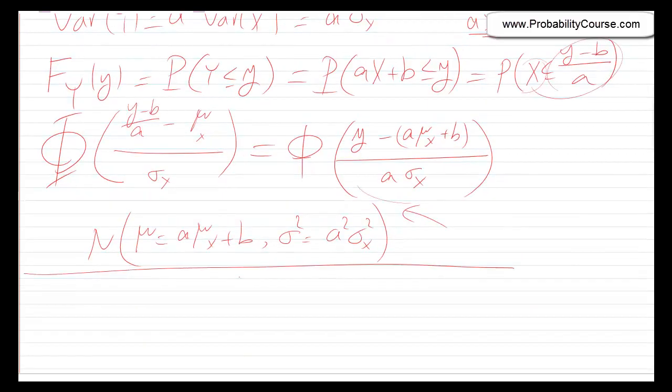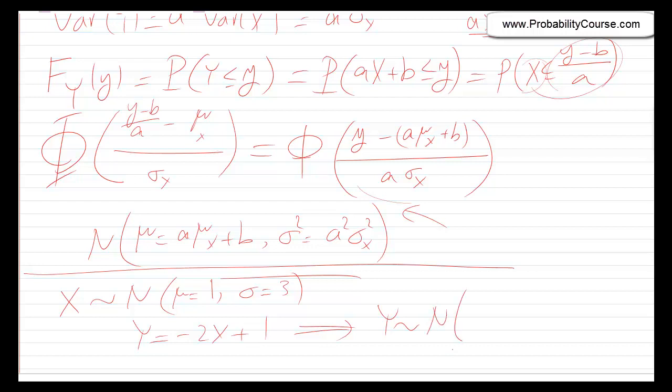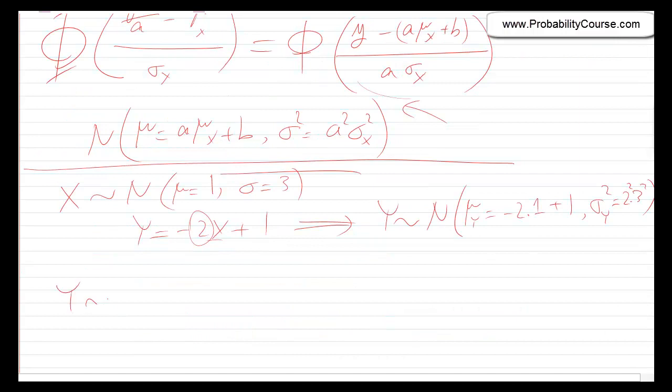The bottom line is, let me just summarize this. If I give you x, a normal random variable with parameters mu equals, let's say, 1 and sigma equals 3, and then I define another random variable y equals -2x plus 1, then you can immediately say that y is going to be normal with mu of y equal to -2 times mu of x, which is 1, plus 1, so -2 times 1 plus 1, which is -1. And sigma squared of y is going to be 2 squared times 3 squared, which is 4 times 9, which is 36.